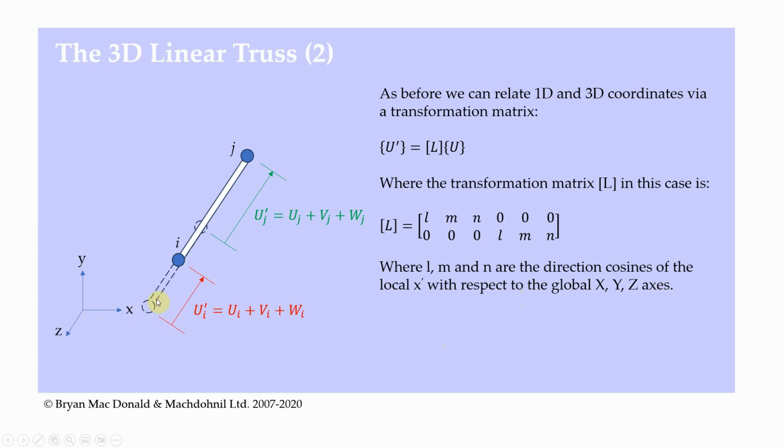If this is u going here, then the angle theta it makes with the x-axis, cos theta, is L. The cos of the angle it makes with the y-axis is m, and the cos of the angle it makes with the z-axis is n.